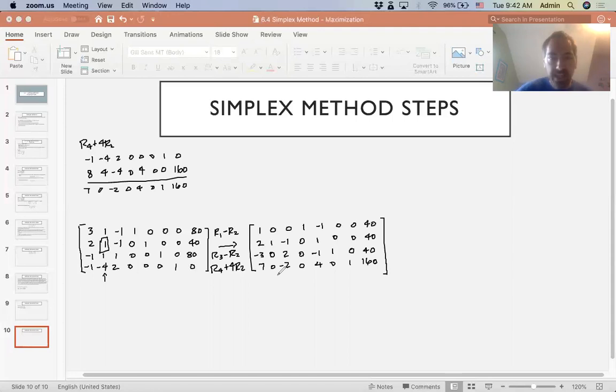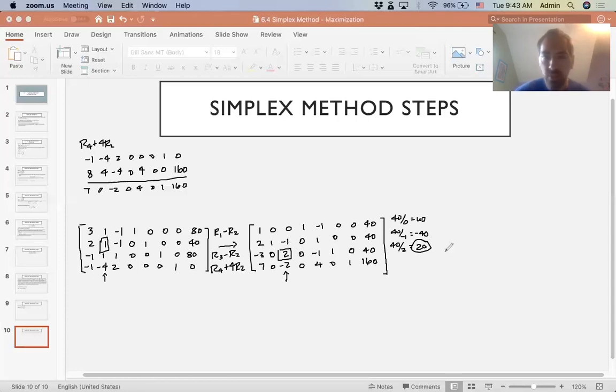Now we still have a negative in that third column, and we need to find a pivot. We're going to take the smallest ratio, and let me say the smallest positive ratio. This one is 4 divided by 0, which is undefined. 40 divided by a negative 1 is negative 40, and 40 divided by 2 is 20, right? So we're looking at the smallest positive ratio, so we're going to use this as our pivot.